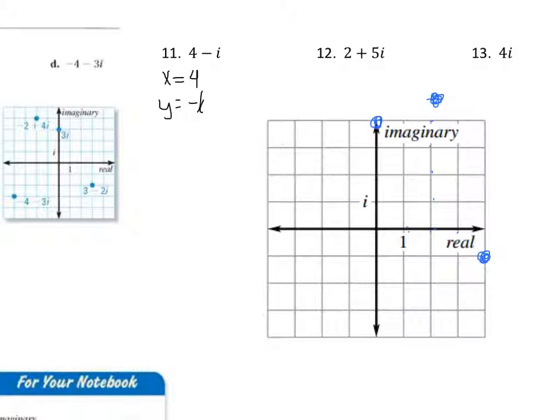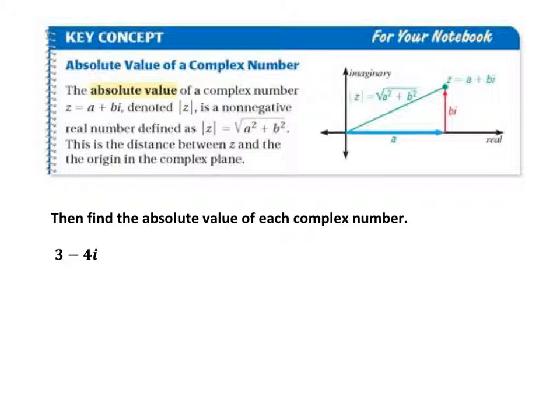Now, absolute values. Just an equation, so let's take a look. Alright, absolute value of a complex number. The absolute value of a complex number z equals a plus bi, denoted by the absolute value of z, is a non-negative real number defined as the absolute value of z equals the square root of the quantity a squared plus b squared.